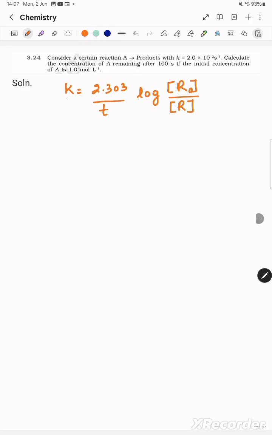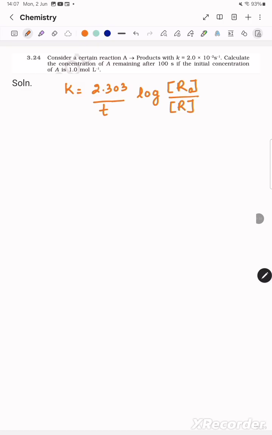So here K is given, that is 2 multiplied by 10 to the power minus 2, the initial reactant is given, that is 1 mole per liter, and time is given, that is 100 seconds.